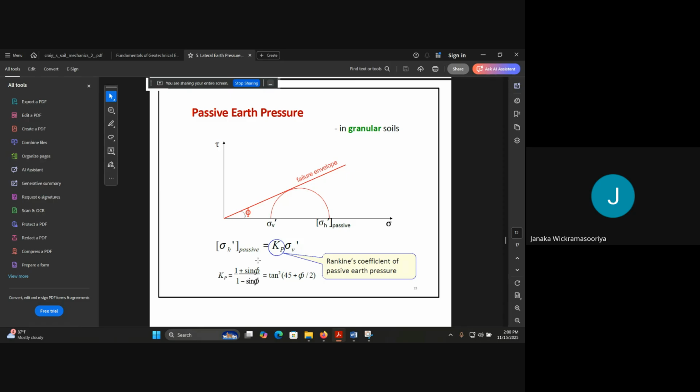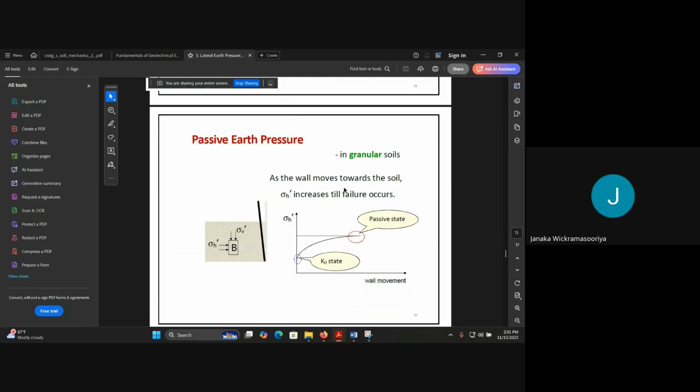Reciprocal means you swap the denominator and the numerator. This is for the cohesionless soils, so the granular soils.